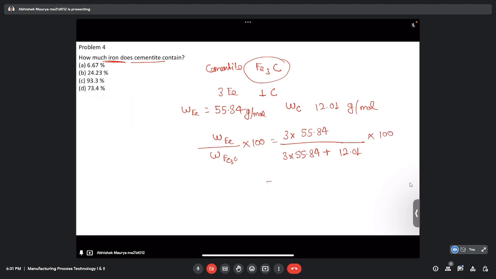If you solve it, you will get approximately 93.3%. Okay, so yes, it was an easier one. So let's move to the next problem.